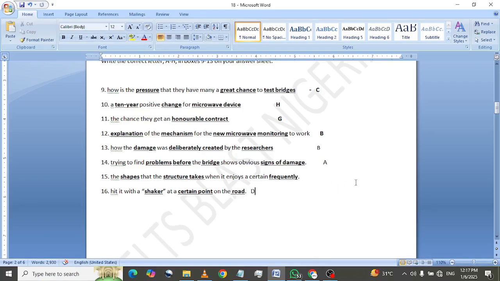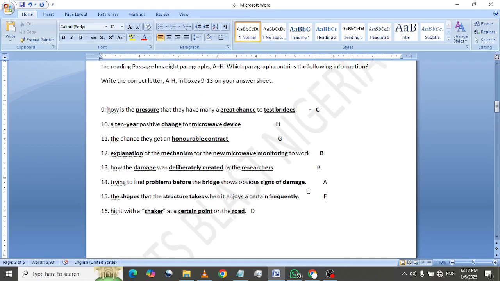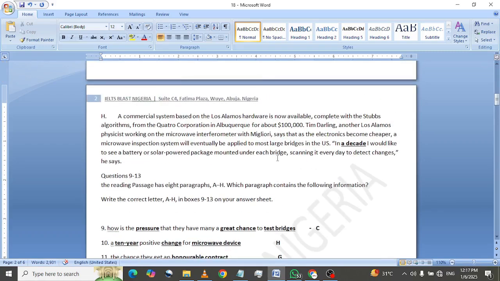Don't forget, for C, we said the answer was in what? F. So can you see now that with my keyword, I was able to locate the exact paragraph, even though it wasn't that easy, but I still located the answer. This is how you solve matching information to paragraph.